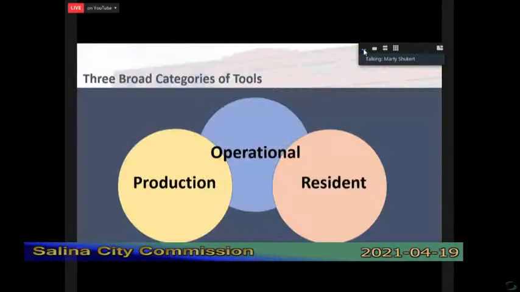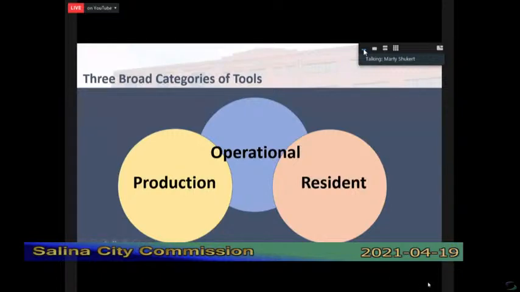So let's move on. In order to try to make sense of it, I have divided the encyclopedia of housing development tools into three categories.